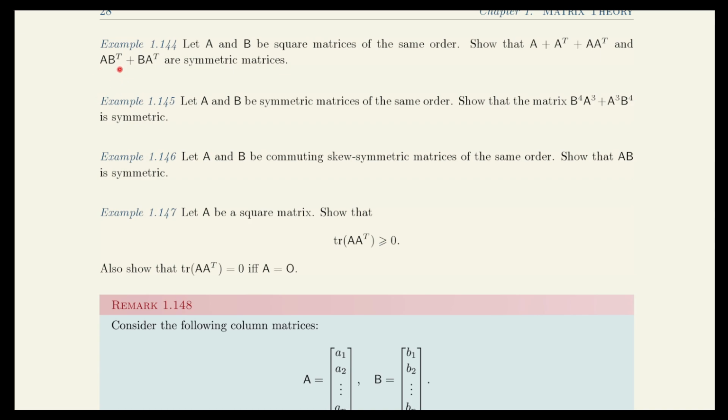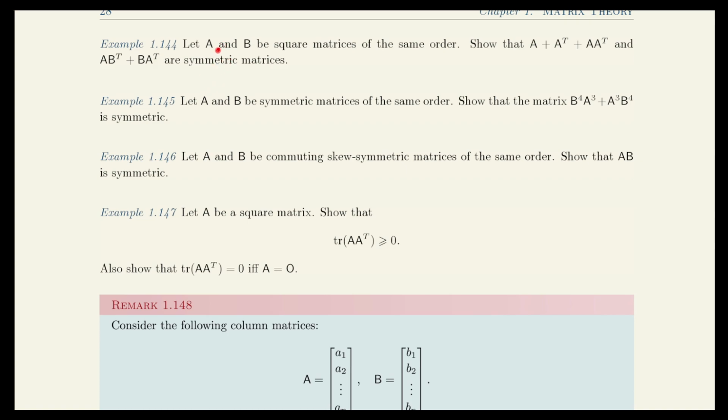Okay, so let us consider this example. Let A and B be square matrices of the same order. We don't know if they are symmetric or not, but we want to show that this combination and that combination, regardless of A and B being symmetric or not, are always symmetric.